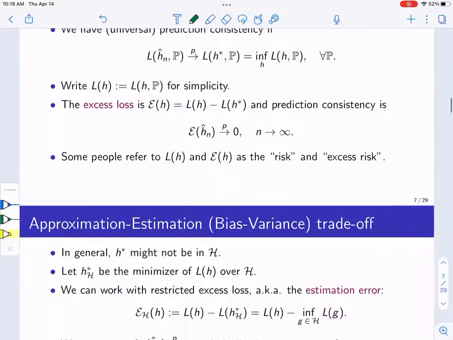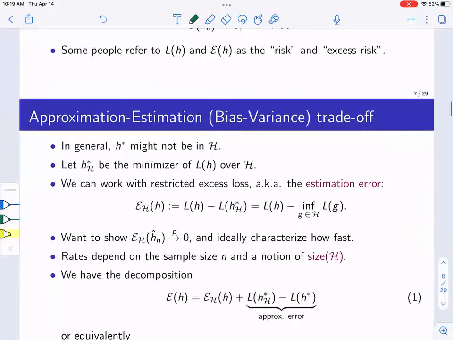So what happens instead is we can decompose the risk a little bit further. In general, H star might not be in H. Let H star H be the minimizer of the population loss, or prediction loss, over H. This is the best within that class I can get if I had infinite sample size.